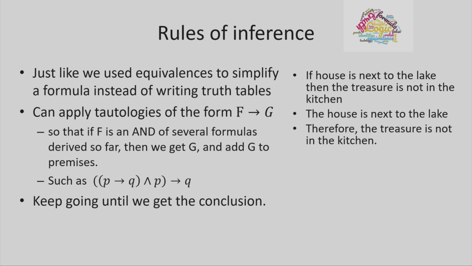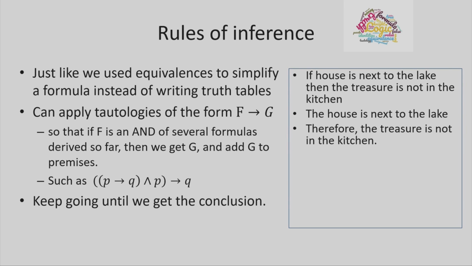So just like when we were studying equivalences, we said it's nice to simplify things so that we wouldn't need to write a truth table or write a smaller truth table. We can apply tautologies to get some kind of intermediate sentences, and then we build more and more of those intermediate premises until we get the final conclusion.